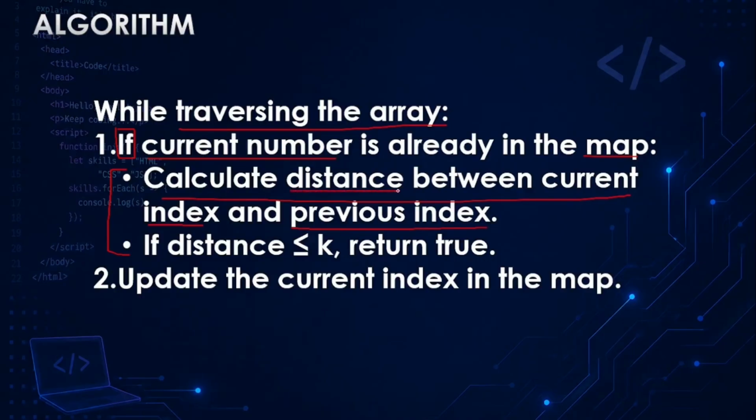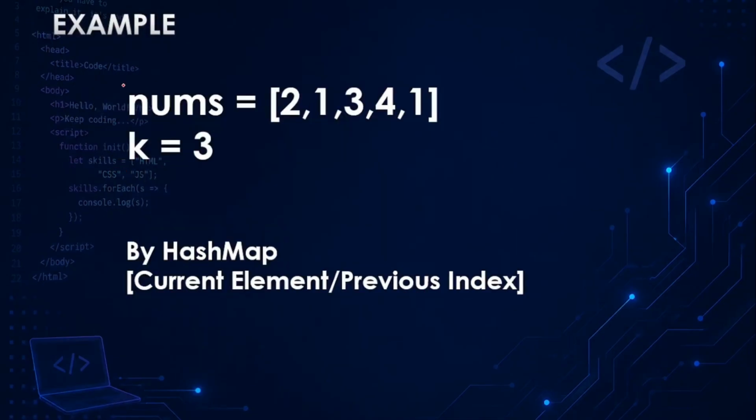After calculating this distance, I'll check if the distance is less than or equal to k. If it is, I'll return true as my answer. After execution of the if statement, we will update the current index in the hash map. So we'll replace the previous index with the current index in the value column of our current element. Right. Let's now check this example iteration by iteration.